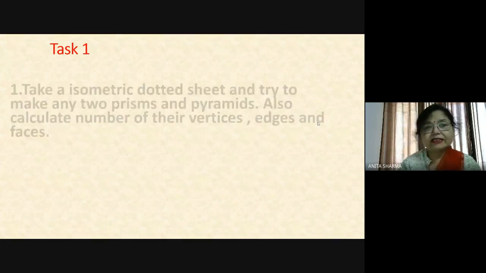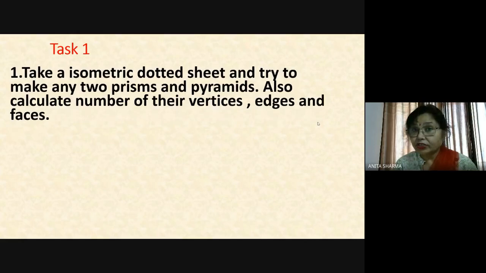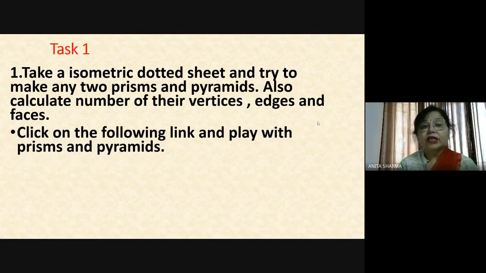Now, task one. After understanding so much, now there is a task for you. The first task says take an isometric dotted sheet and try to make any two prisms and pyramids. Also, calculate the number of their vertices, edges, and faces. Now, click on the following link and play with prisms and pyramids.